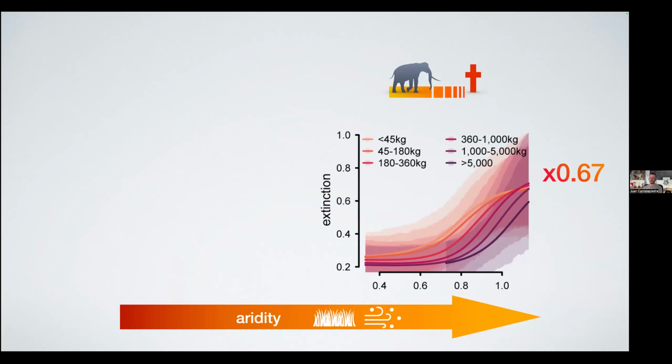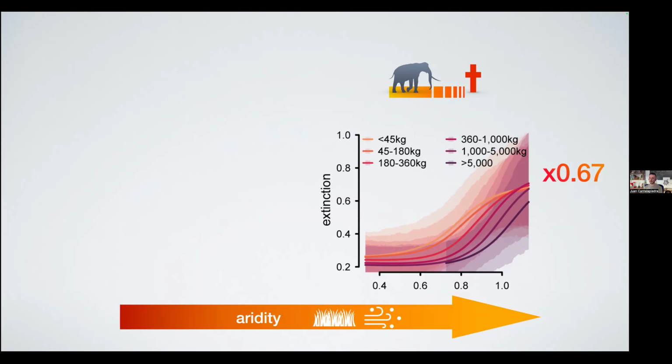Now, a cool thing that we can do is we can start looking at interactions. If you remember this curve where aridity just drove a threefold increase, we can look at this in different size categories. So what we see here is that smaller things start responding earlier to the increase in aridity, and they reach slightly larger extinction risk than larger things.